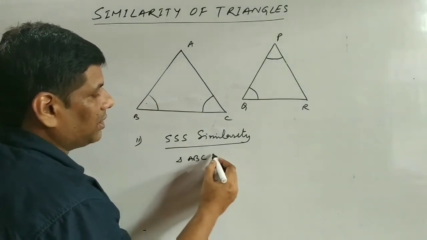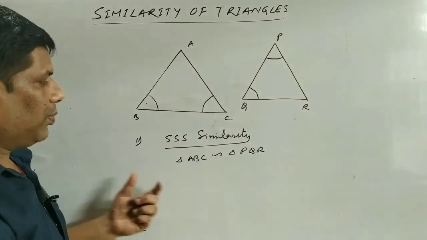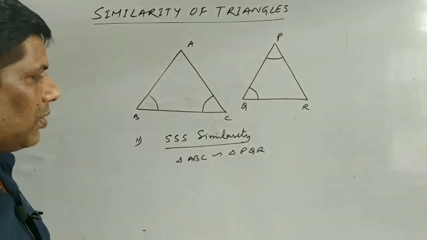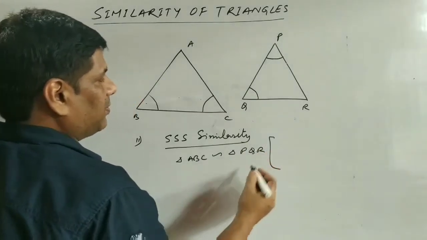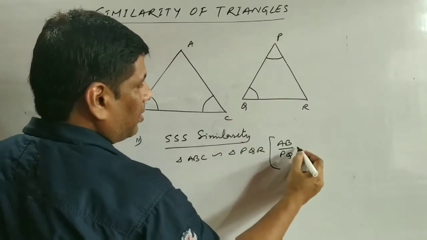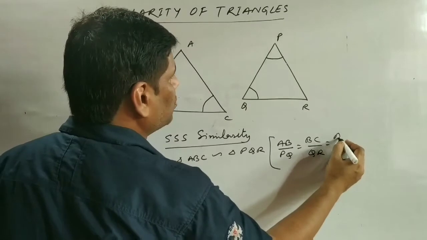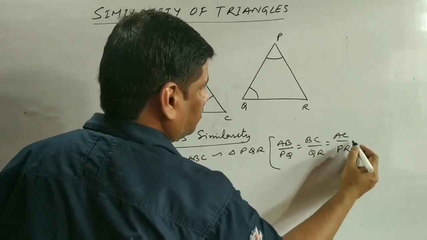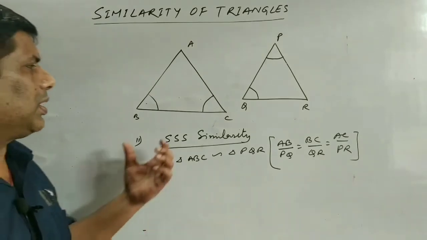If we have to prove that triangle ABC is similar to triangle PQR, then this is possible if AB by PQ equals BC by QR equals AC by PR. That means the ratio of corresponding sides of two triangles should be equal.